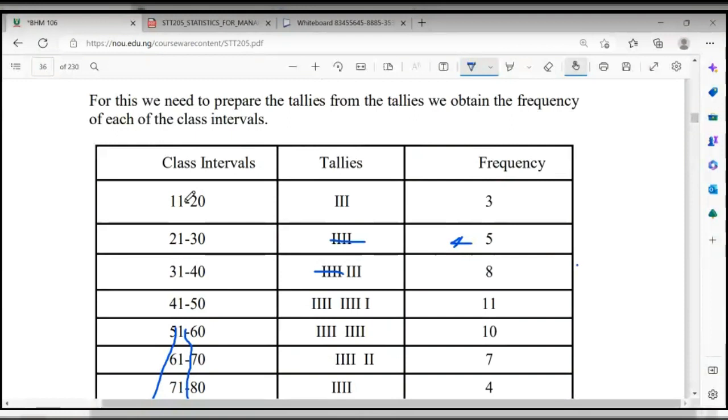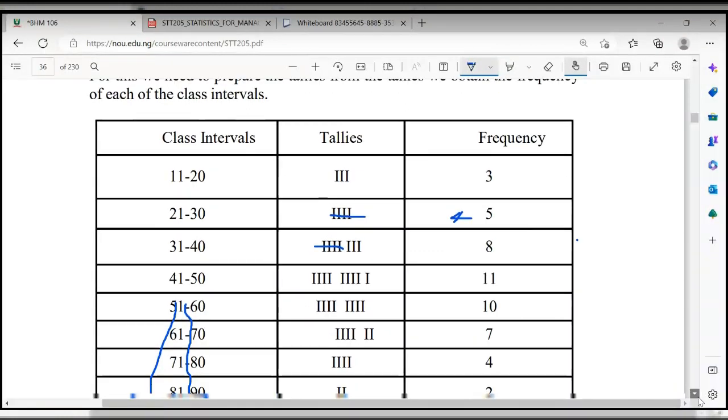It will be 1 to 10. So that 10 is the upper class limit for the preceding interval. So you pick that 10, then I pick the lower class limit here, 11. That's what they did here.